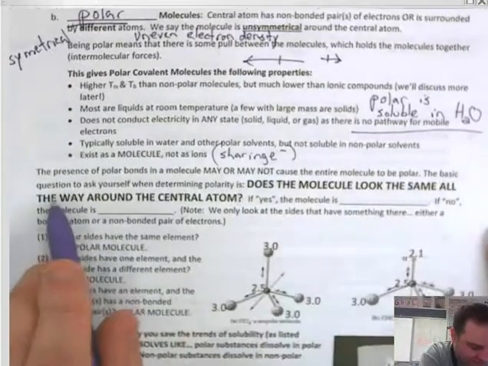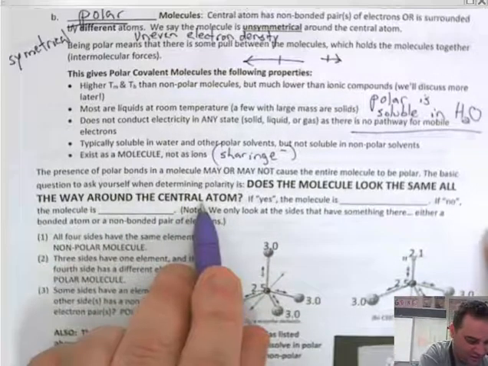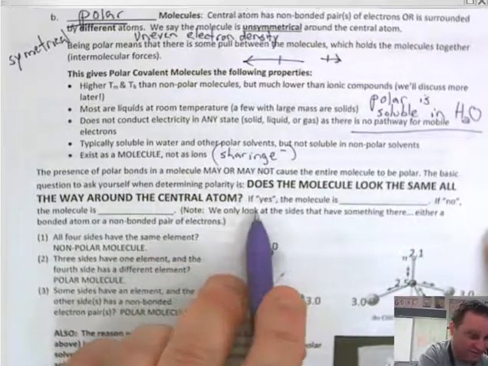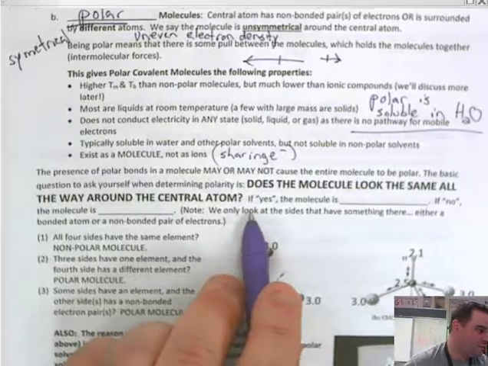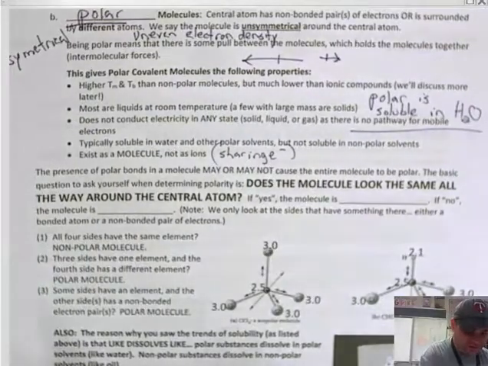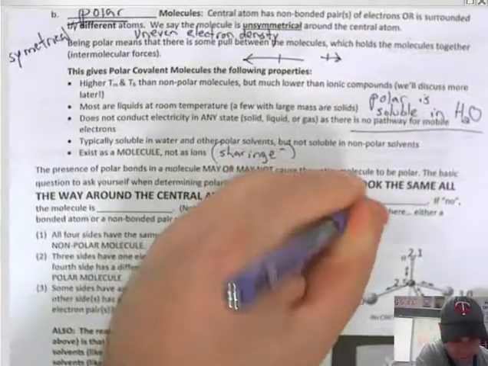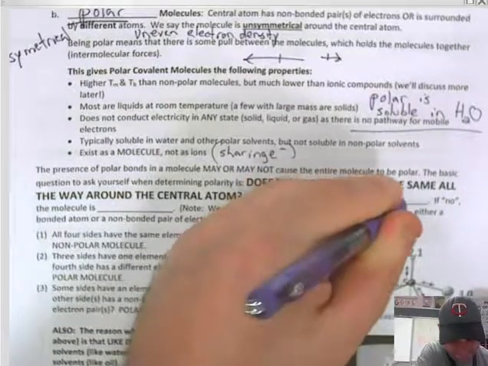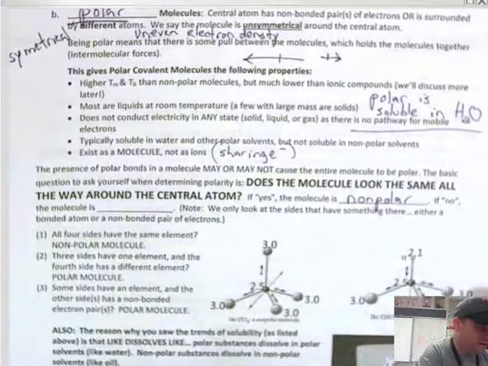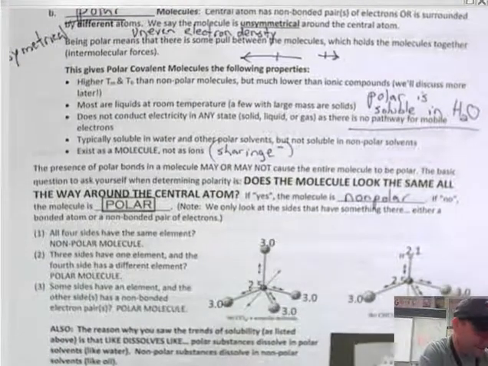The presence of polar bonds may or may not cause the molecule to be polar. You have to ask the question: does the molecule look the same all the way around the central atom? If the answer is yes, that means the molecule is nonpolar. If no, that means the molecule is polar.